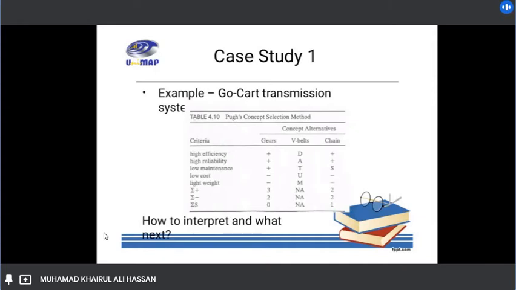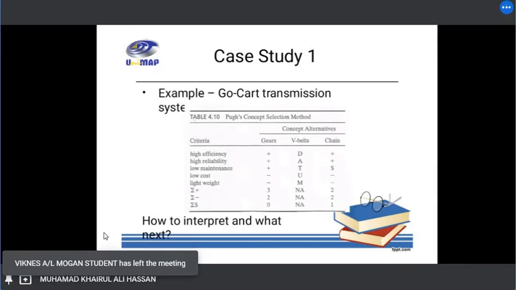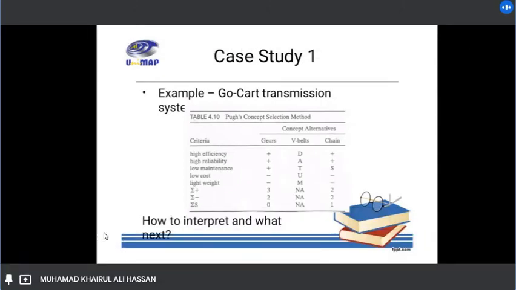Compared to the chain system, they said it has the same quality or same function as the V belt. That's why they put S. In terms of cost, is gear low cost? They said no compared to the V belt. Chain also not low cost. Lightweight, gear is not lightweight, so we put a negative. Chain also not lightweight, so we put a negative.